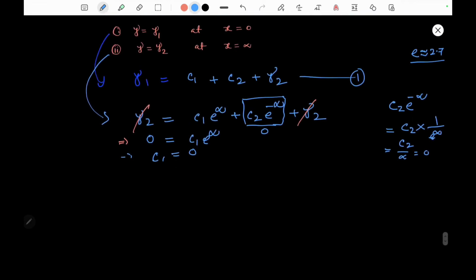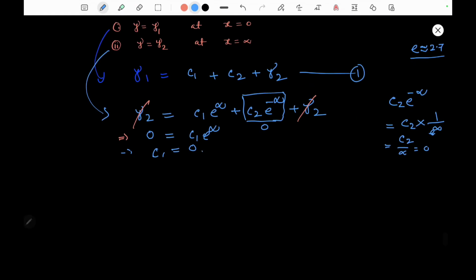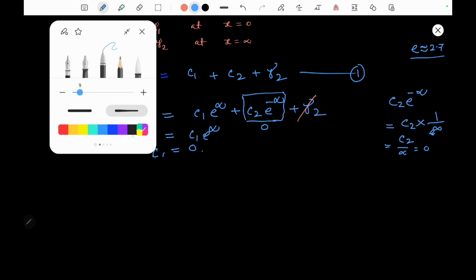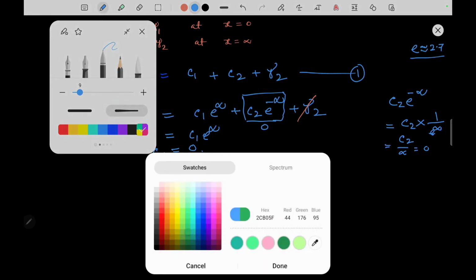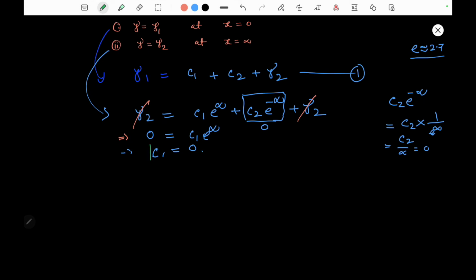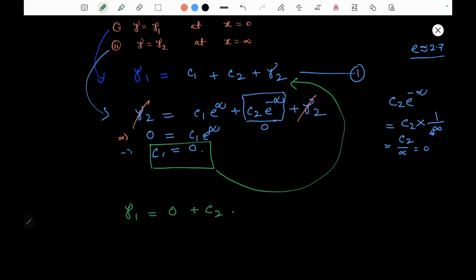Okay, so I'm representing it with other colors so it will be easier. Like c1 we are getting, so we replace it in the first equation with c1's value. So y1 equals 0 plus c2 plus y2. Now it will be c2 equal to y1 minus y2.